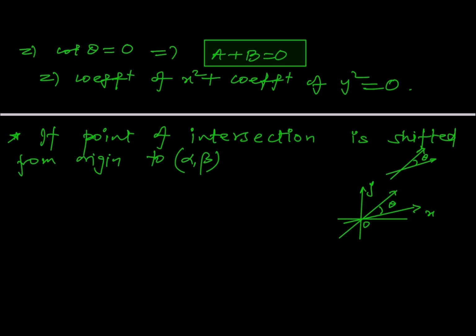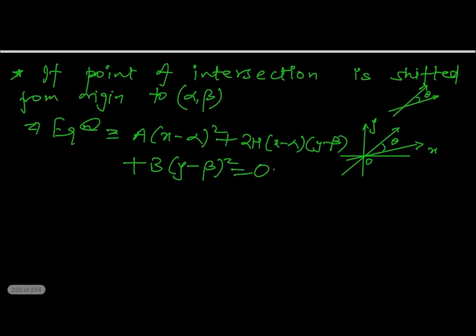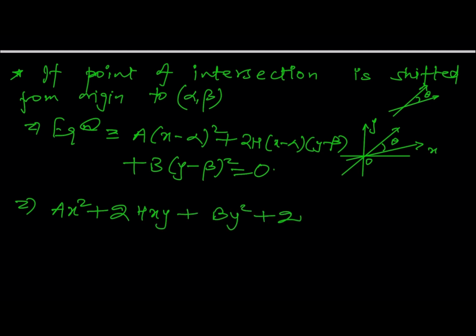So the equation becomes a times x minus alpha whole square plus 2h times x minus alpha into y minus beta plus b times y minus beta whole square is equal to 0. Or after expanding, I will get ax square plus 2hxy plus by square plus 2gx plus 2fy plus c is equal to 0, right?